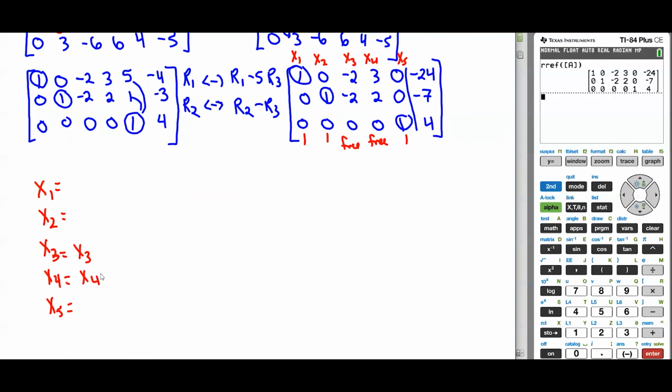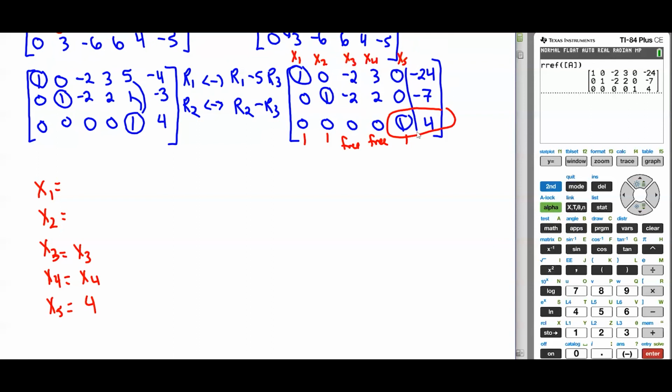So now we're going to write the basic variables in terms of the free variables. And the easiest one to start with is x5. x5 just says x5 is equal to 4. So we can just write down 4. x1 and x2 have coefficients of x3 and x4. So what we want to do is we want to move these to the right side of the equation symbol.